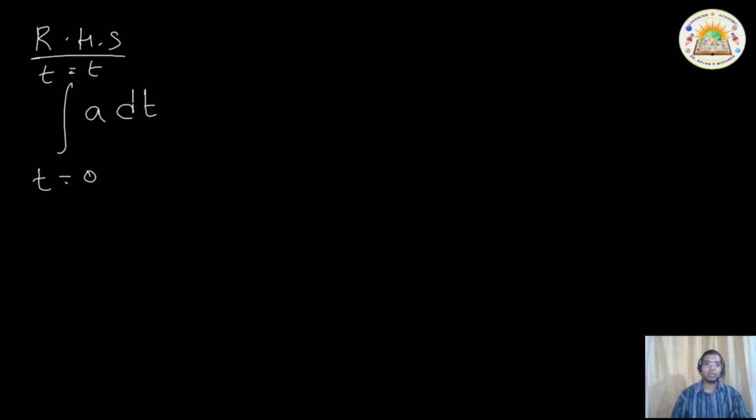Let us look at our RHS. In the RHS, we have got integral a dt, where time is varying from 0 to some value t. And here if we see, acceleration is in a way independent of time. Though the formula is dv by dt, here a is not a function of t. So a is a constant, we take it outside the integral. Integral t is equal to 0 to t is equal to t dt.